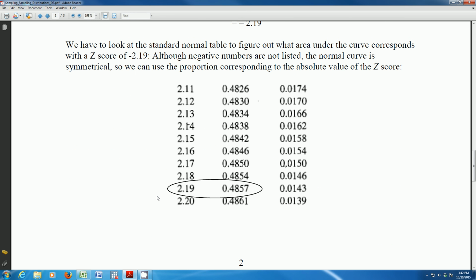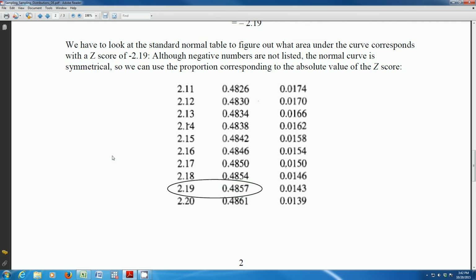Remember, negative numbers aren't listed because the curve is symmetrical, so only positive values are listed. The area between the mean and the positive z-score is the same as the area between the mean and the negative z-score. That value in column B is 0.4857, so there's about a 48.5%, or 49% if we round, chance of getting a sample mean between 70,000 and the mean.